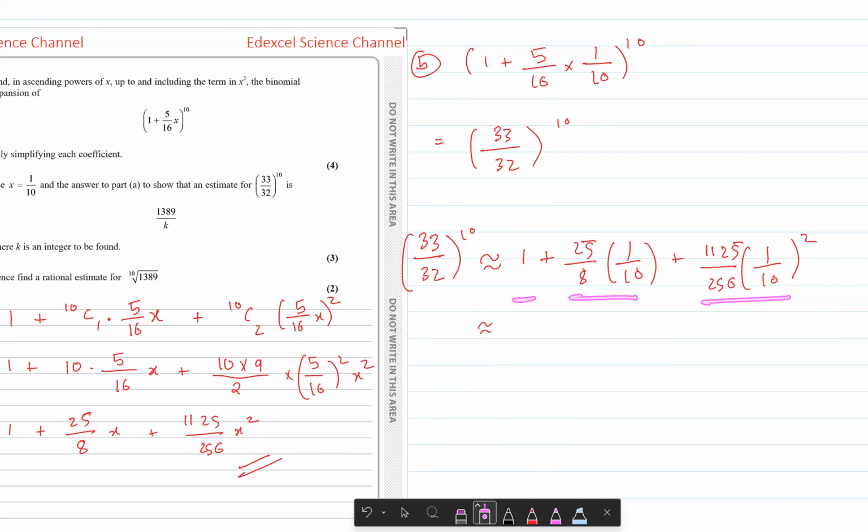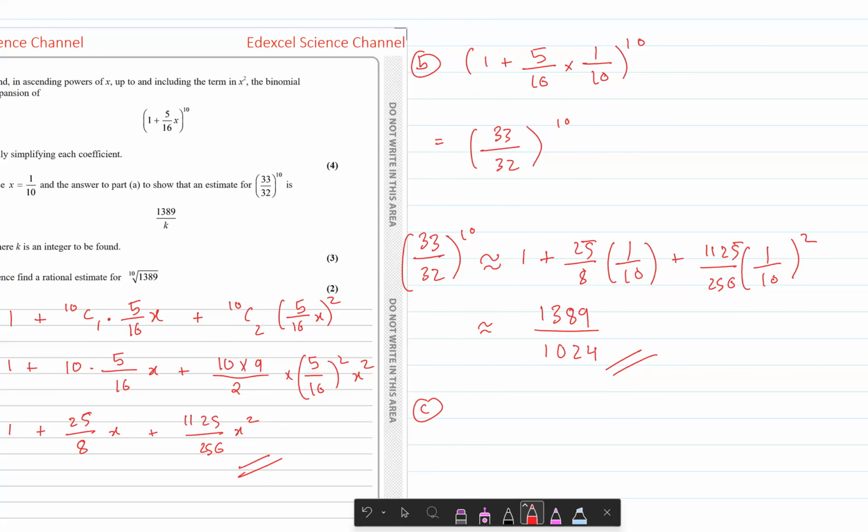So it is close to the real value, but it is not the actual definite value. So what I'm doing over here is some sort of approximation. So if you plug this in, you will get 1389 over 1024. Okay, this is your answer.